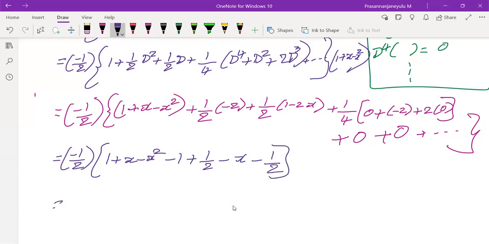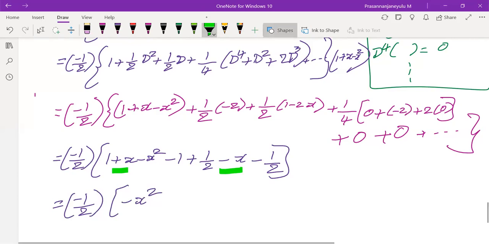So now going to take the highest power of x as 2, so minus x square. Here we are having plus x, minus x gets cancelled. What are the remaining terms we are going to get here?